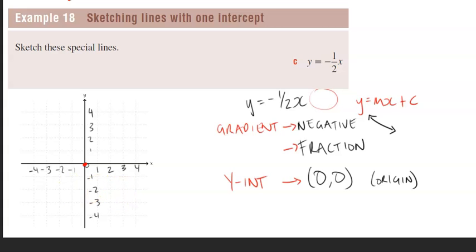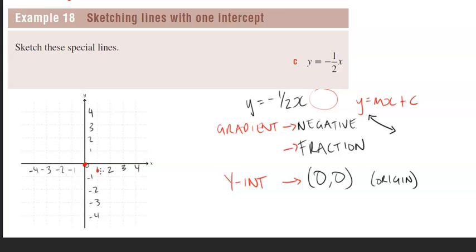In this case here, for every step that I go across to the right once, I am going down because it's negative, and I'm going down half a step. So let's use this as a starting point. For every point I go to the right, I'm going to go down half a point.